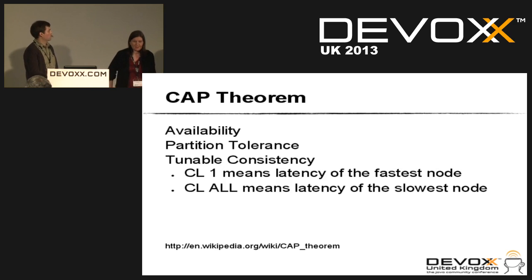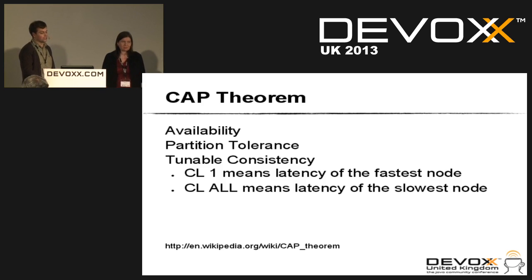So when you're reading up about Cassandra, you'll probably hear a fair bit about the CAP theorem. It states that in a distributed system with reasonable latency, you can only choose two properties out of consistency, availability, and partition tolerance. Cassandra gives you availability and partition tolerance, and lets you choose your latency by tuning your consistency. So when the client's writing data, the client gets to select how consistent they'd like their data to be.